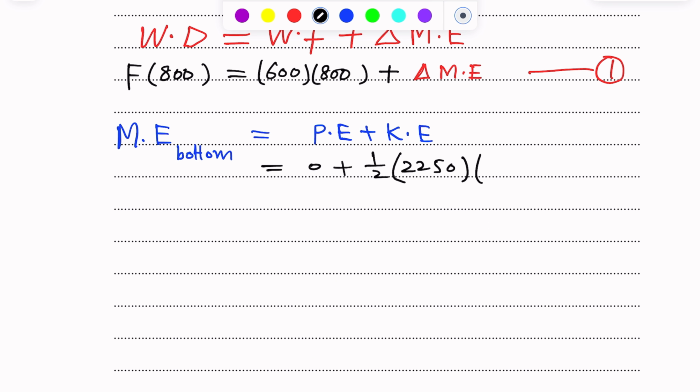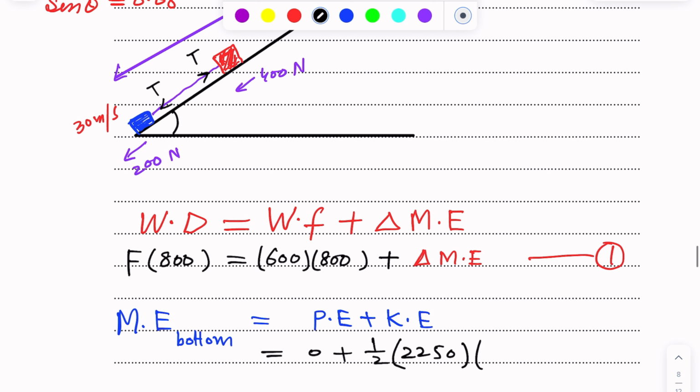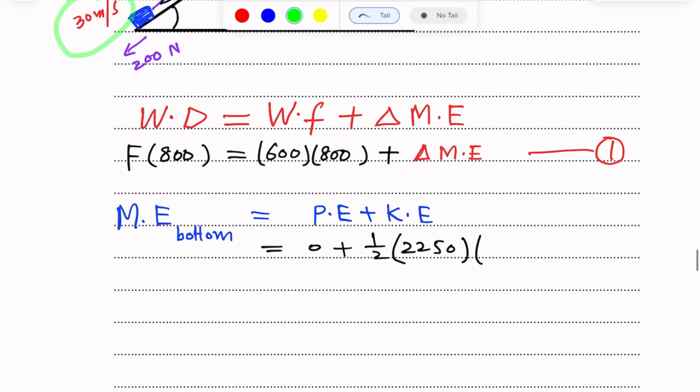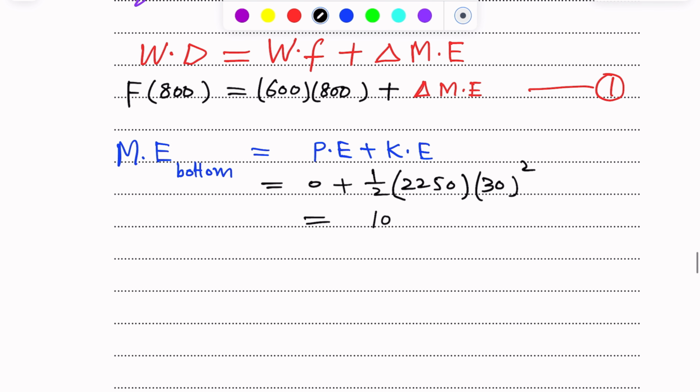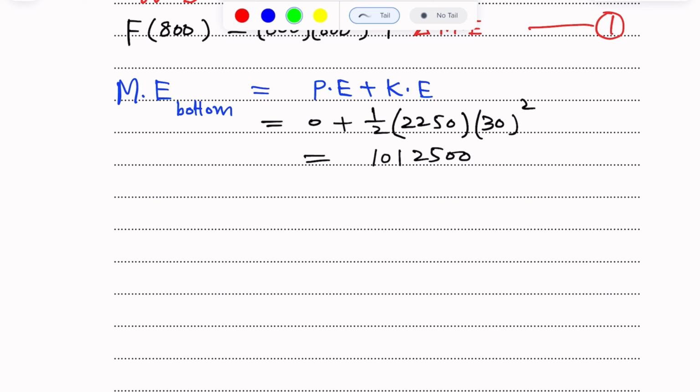Speed v at the bottom is 30 meter per second, 30 square. After calculation, we get 1012500 joule. This is the mechanical energy at the bottom.